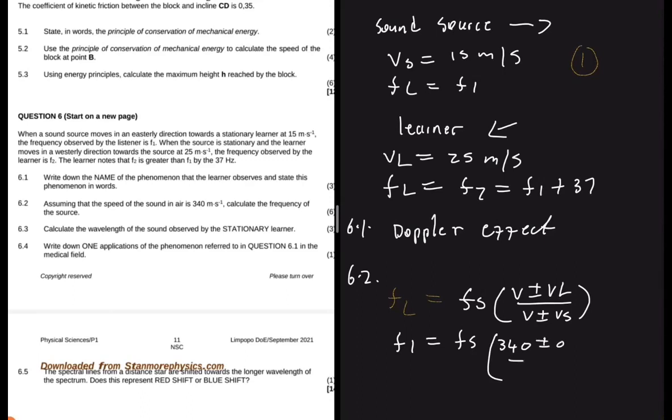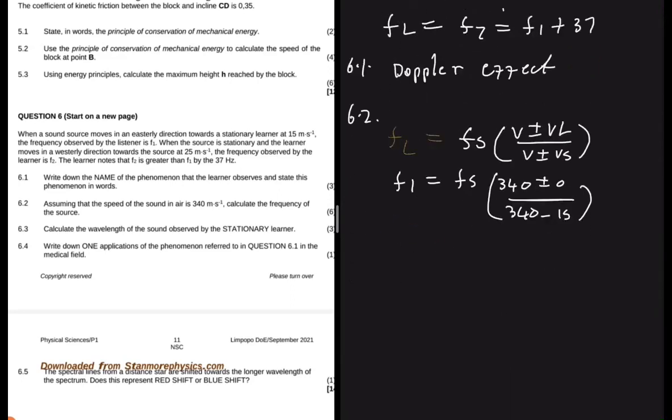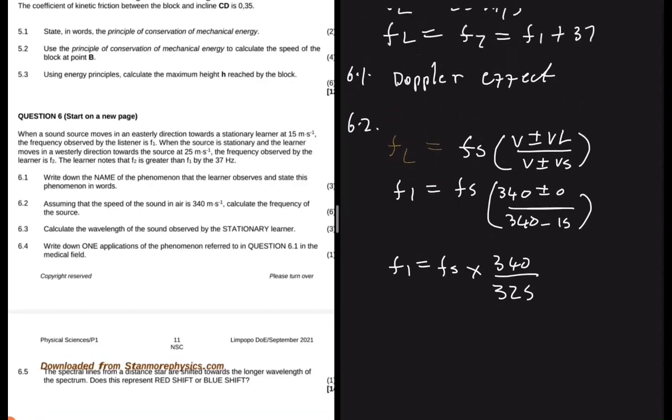And then divided by 340 minus Vs, which is 15, because the sound source is moving towards the listener. This is going to give us F1 equals Fs multiplied by 340 divided by 325, right? And then we can name this our equation 1.